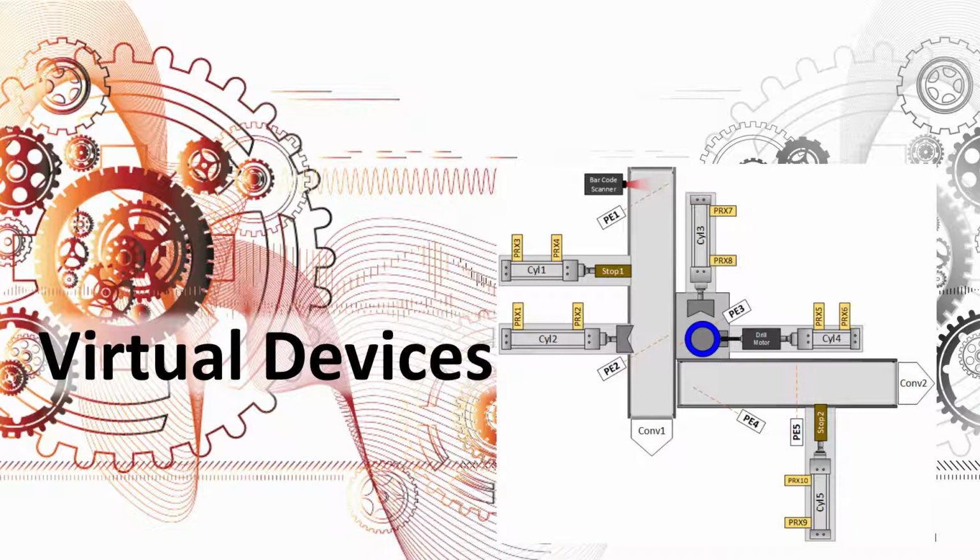A virtual device would respond to an output bit and feed you back an input bit to say that it did what you told it to do. Now, there is no real cylinder, so it's a virtual device or a virtual cylinder. So that's where we're headed next, and then we will use these virtual devices in a virtual process.